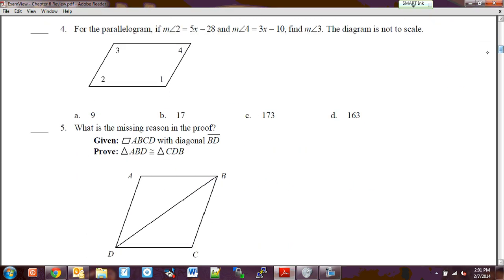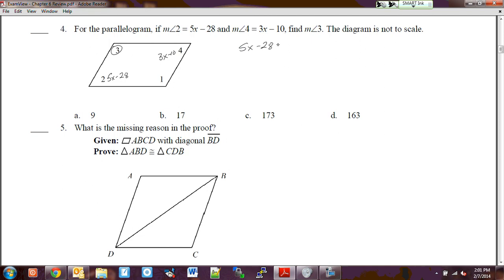Number 4. In this parallelogram, measure of angle 2 is 5x minus 28. Measure of angle 4 is 3x minus 10. What's the measure of angle 3? Well, we know that 2 and 4 are congruent to each other. So we can set these equal and solve for x, and that'll give us the measure of 4, and then we can easily find the measure of 3 from there.